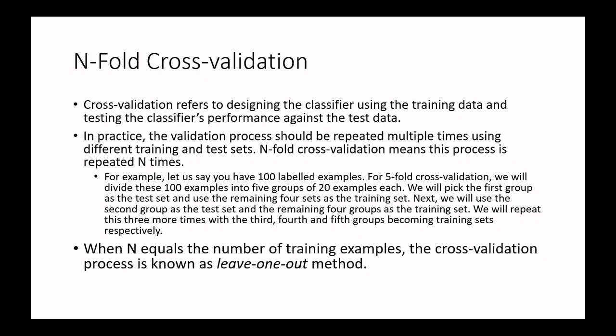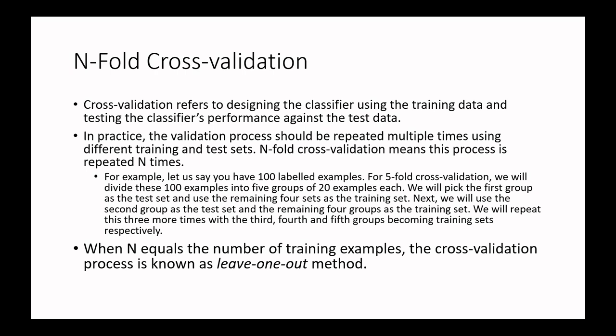You take the first 100 examples as your test examples, another 100 as your validation examples, and the remaining 800 as your training examples. You train a model, build it, and go through the process.